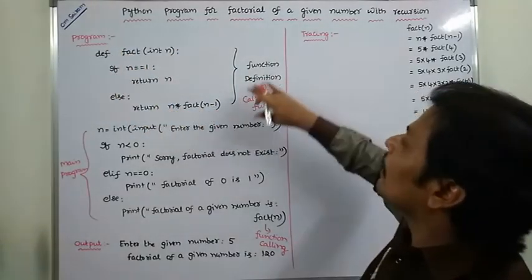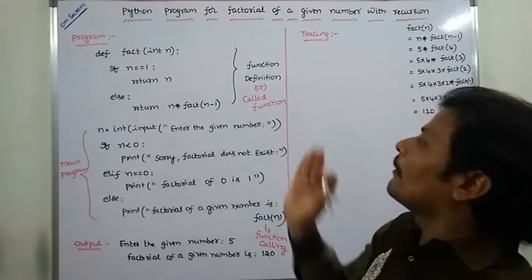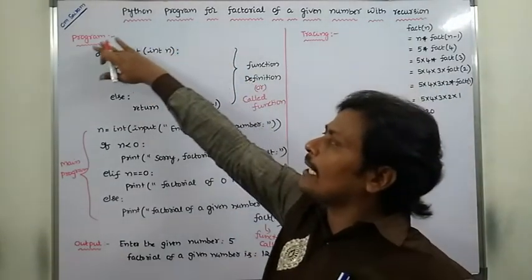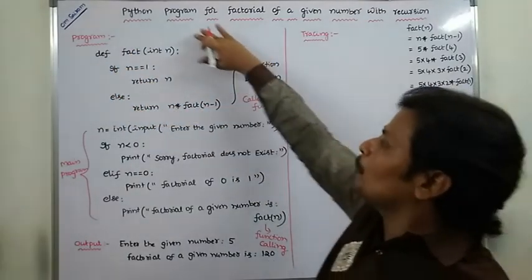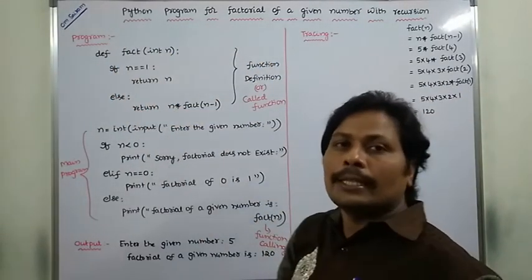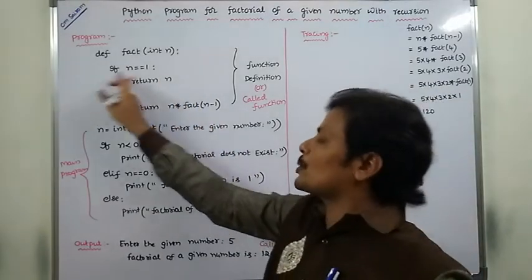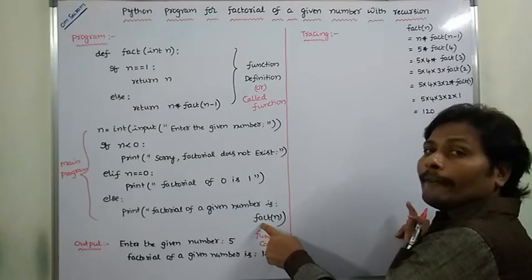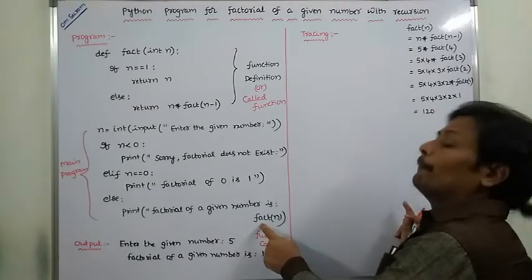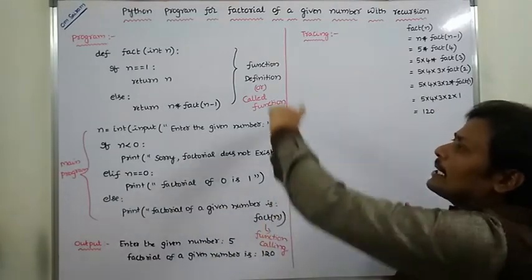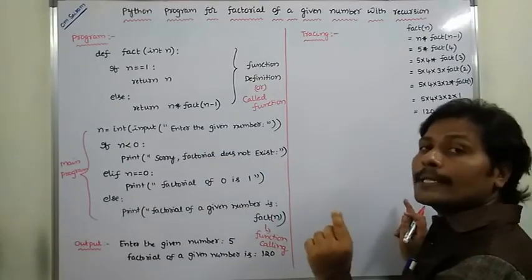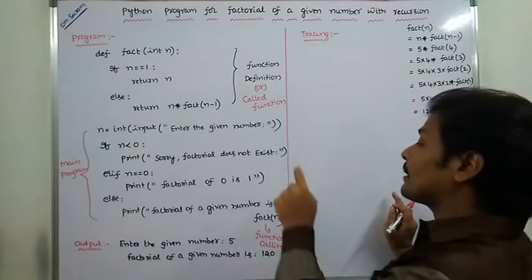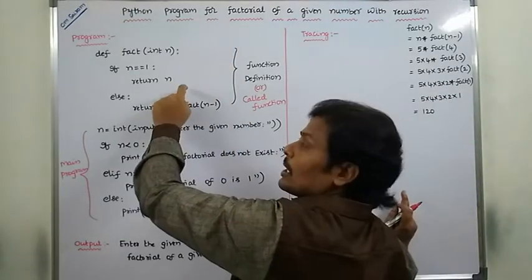This is called the called function or function definition. Once we calculate the value in the called function, the control goes back to the calling function in the main program. In this way the control transfers from the main program to the subprogram, that means from the calling function to the called function.